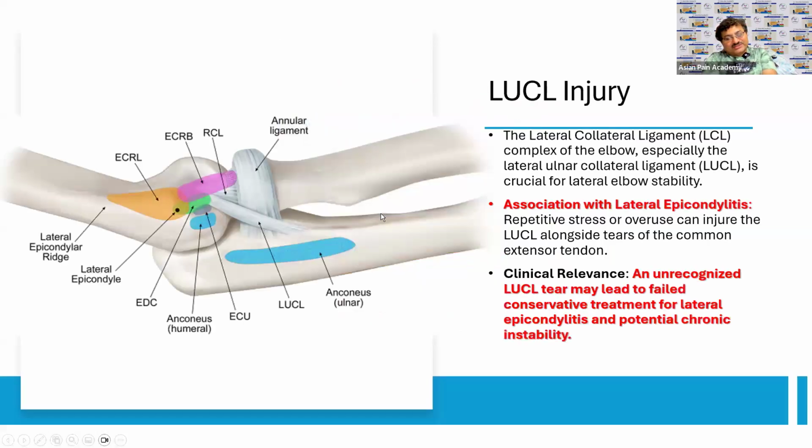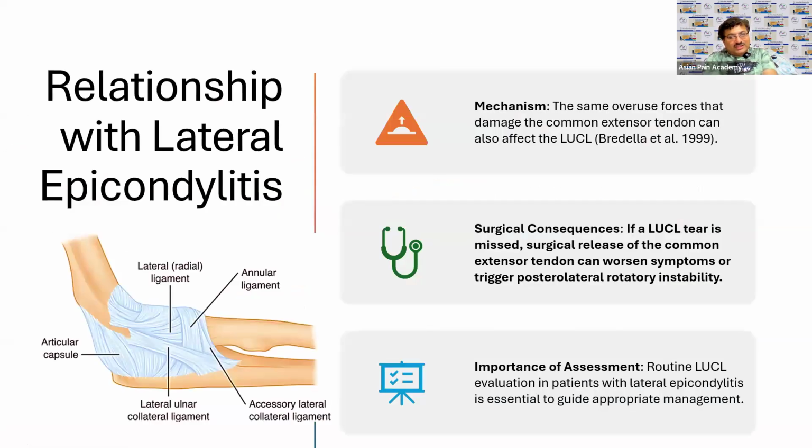In a number of cases, if this injury is not diagnosed, then even after release of the tendon, in case of surgeries, that tear may lead to failed conservative treatment or to chronic instability.